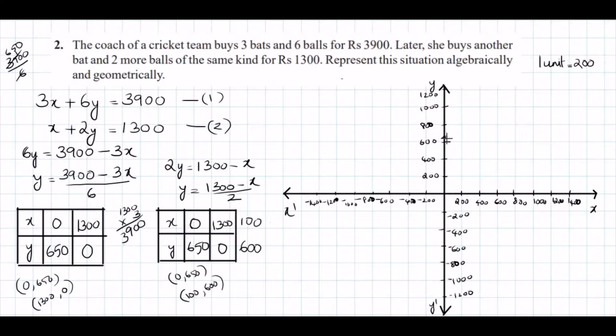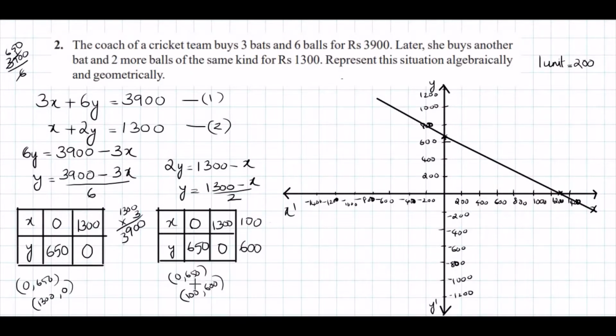In the graph you have to take this distance and plot. Now (1300, 0): x is 1300 and y value is 0. So 1200, and 1300 will be in the middle. These are the points for the first equation. So draw the line for this linear equation in two variables.